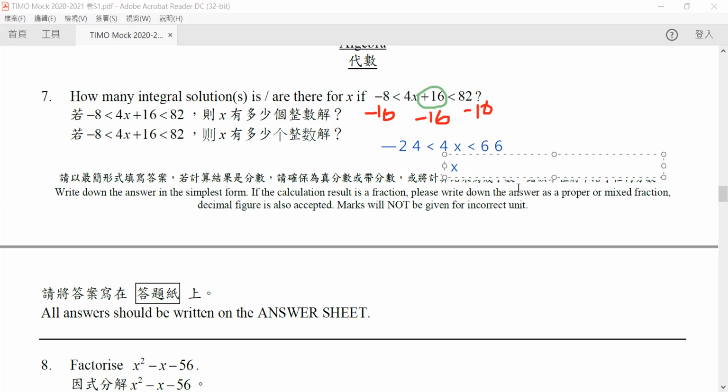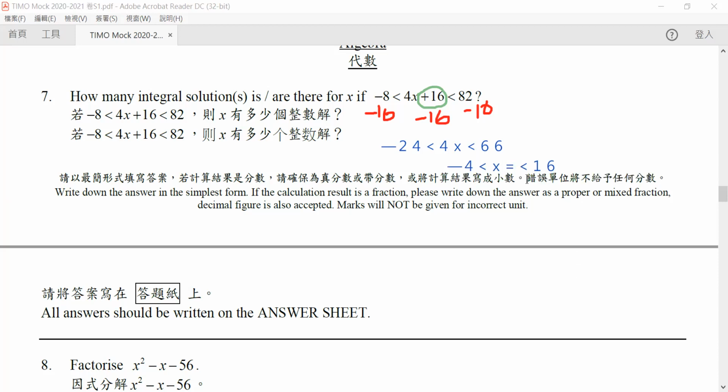So we know that x must be greater than -24 divided by 4, which is -6. Hmm, so x must be greater than -6, but it must also be smaller than 66 divided by 4, which is equal to 16 and a half, which means that it is smaller than or equal to 16.